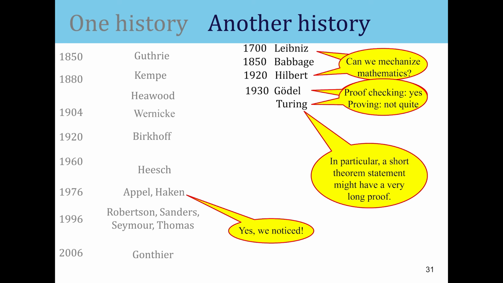So Leibniz's dream was, can we mechanize mathematics? And Babbage started trying to mechanize calculation. And Hilbert was really interested in mechanizing proof so that you could just turn the crank and get the proof out for your theorem, or the definite information that the conjecture is not true.